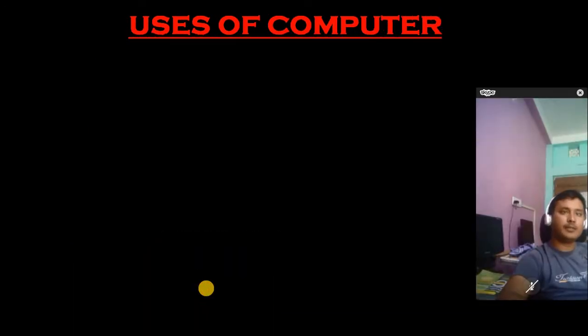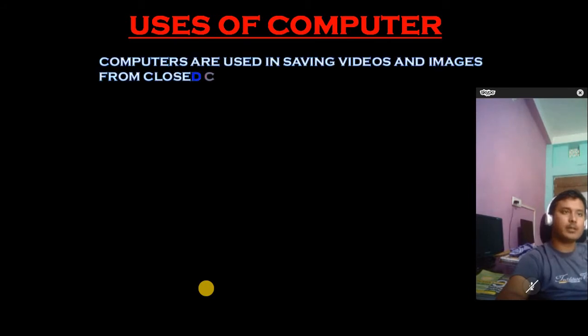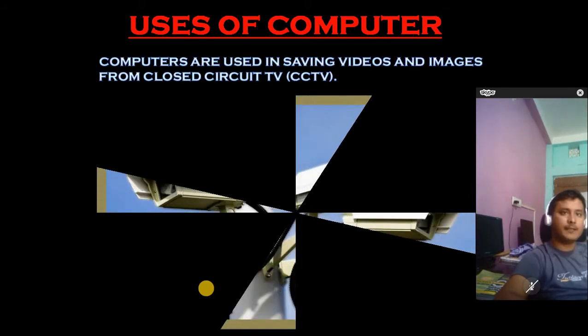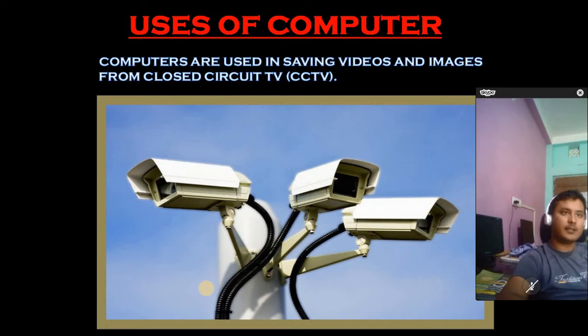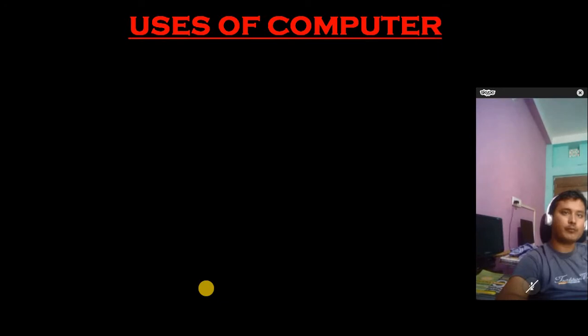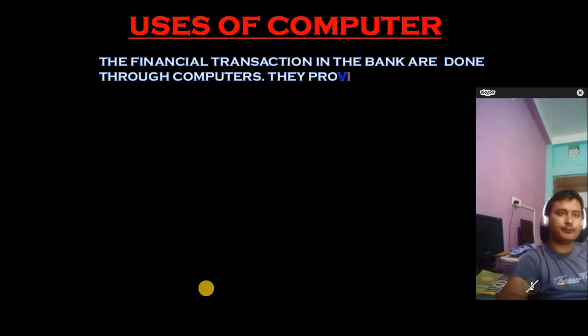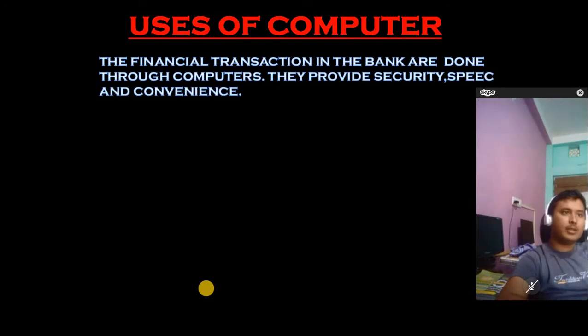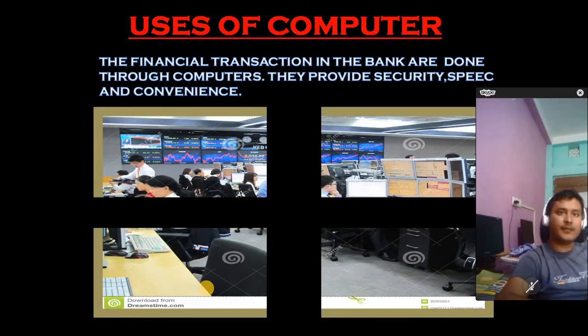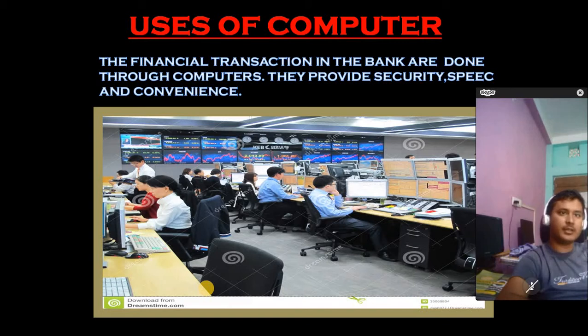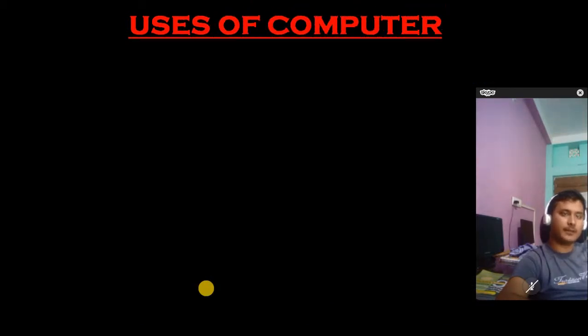Uses of computer. Computers are used for saving video images from closed-circuit TV, CCTV. Financial transactions: banks do their work through computers, which provide security.